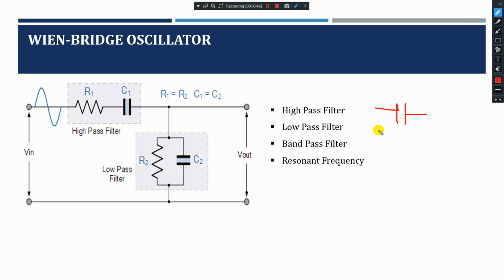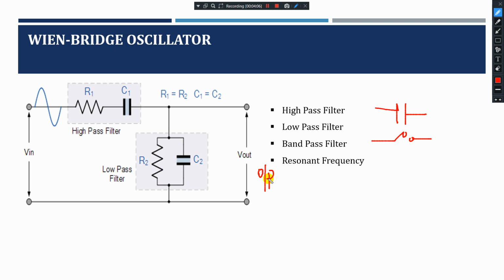It has very high reactance, so it will work as an open circuit, blocking any input signal at Vin, resulting in no output. So your output will be equal to 0.